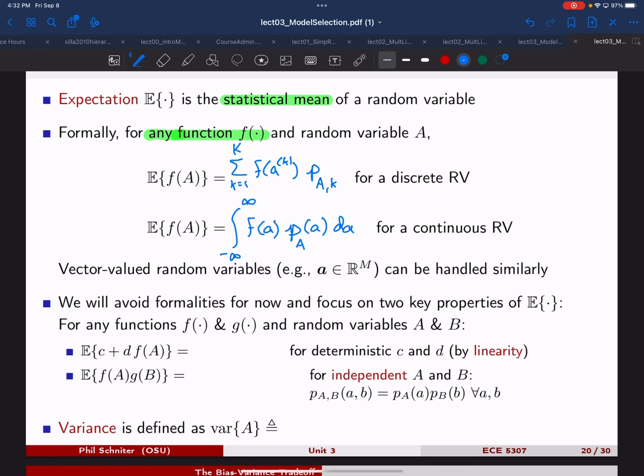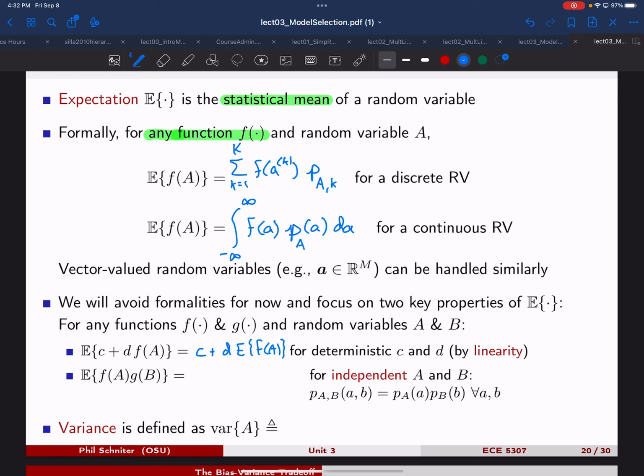No idea, okay. What's going to happen is you're just going to get C plus D times the expected value of f(A). In other words, expectation is a linear function. By linear function, it means if you take the expected value of a sum of two things, that's the same as the sum of the expectation applied to both.